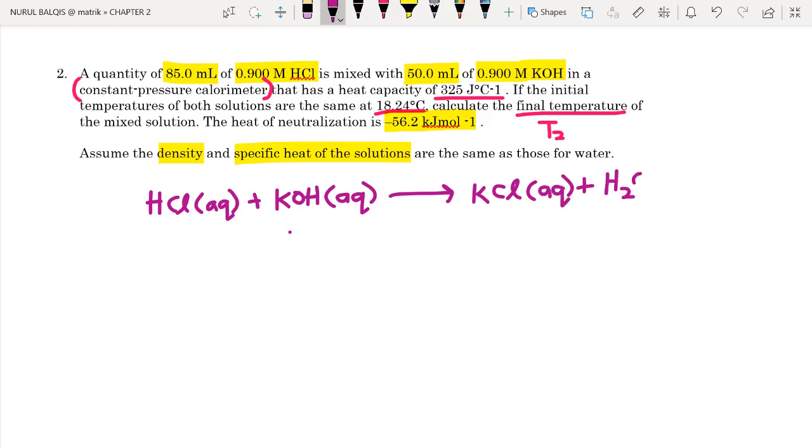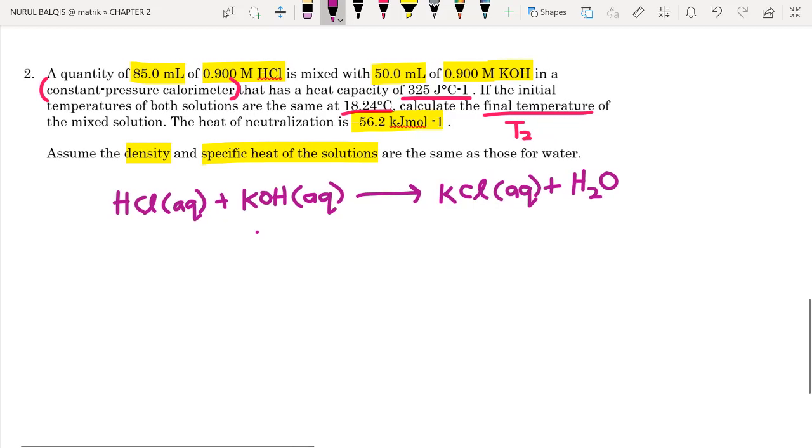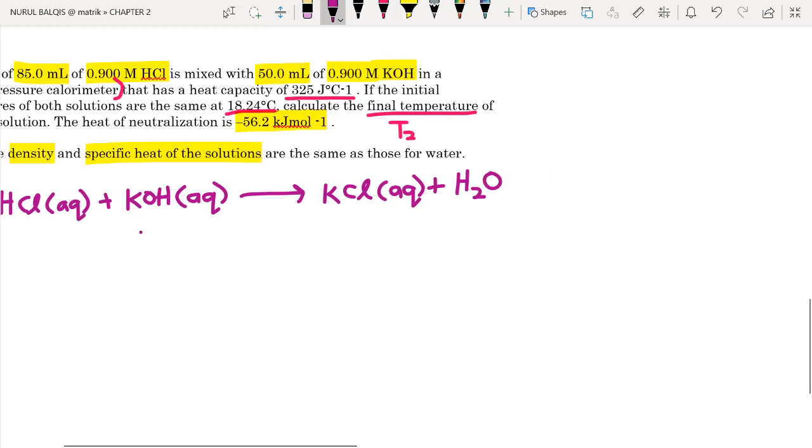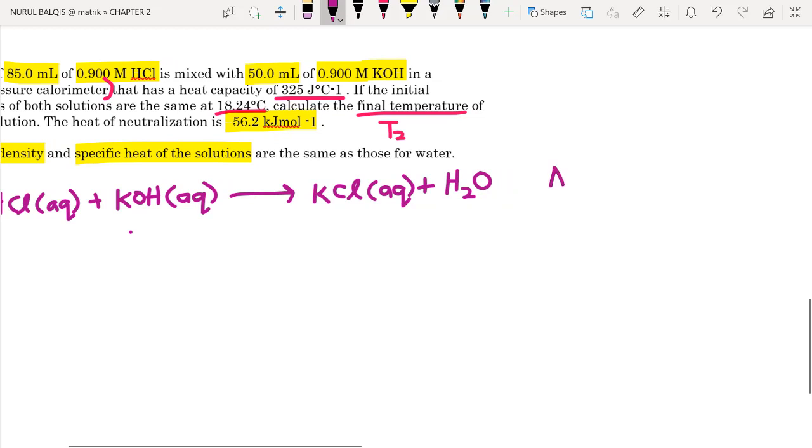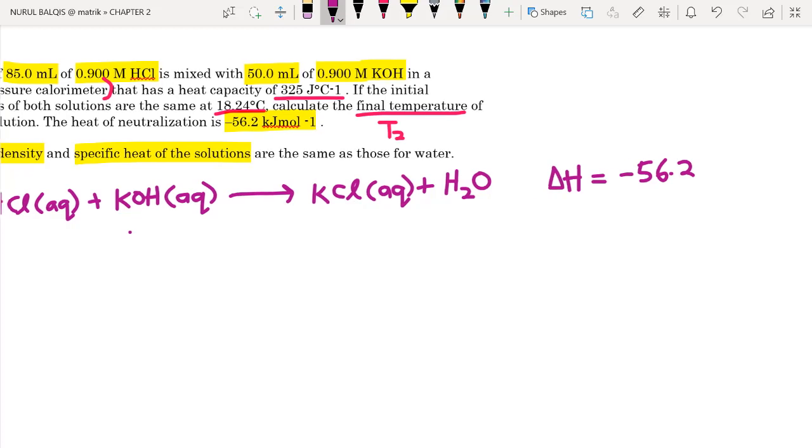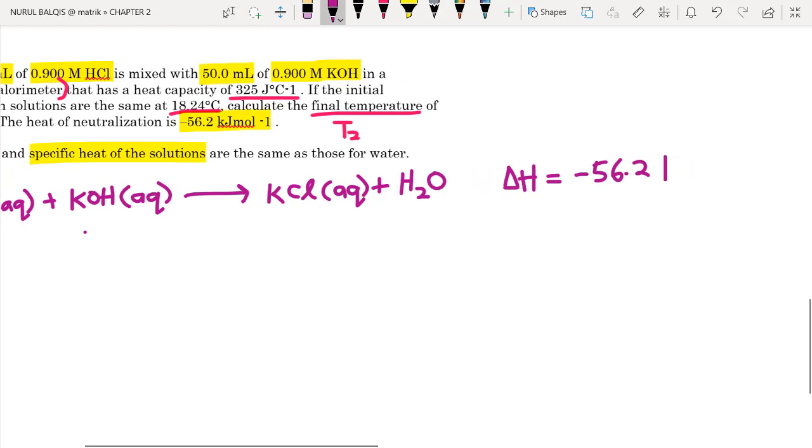Make sure that your thermochemical equation is already balanced, and your delta H is negative 56.2 kilojoule per mole.